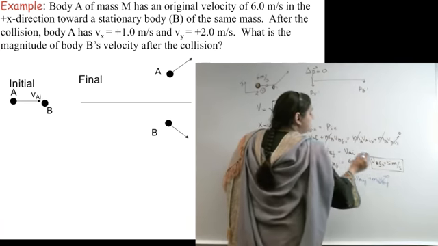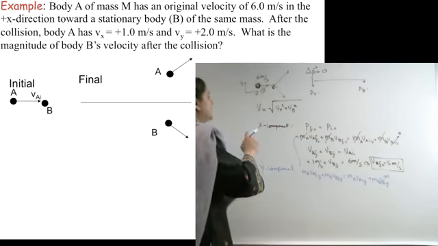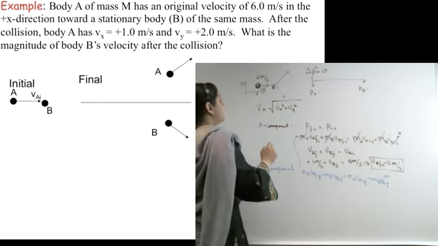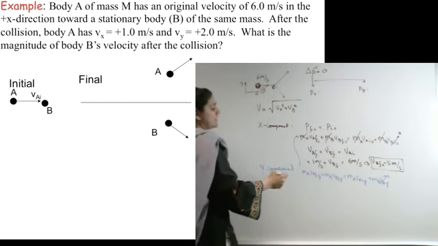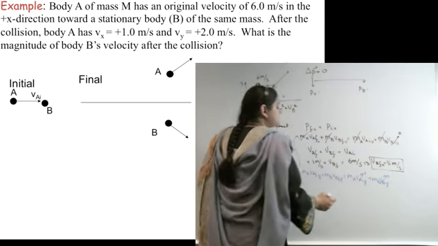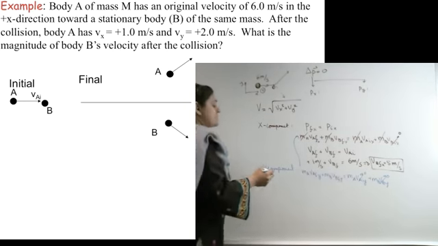There was no initial component along the y direction because this was stationary initially. And was there any initial component along the y direction for A? No. So that equals 0 as well.